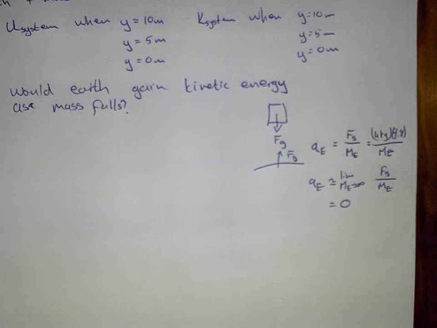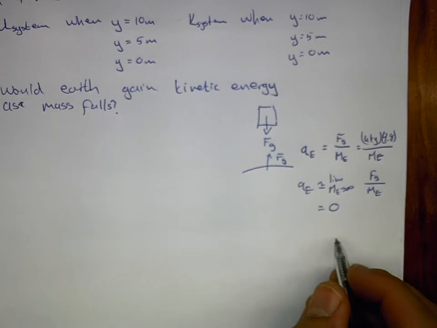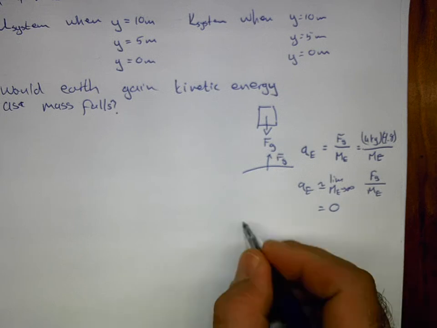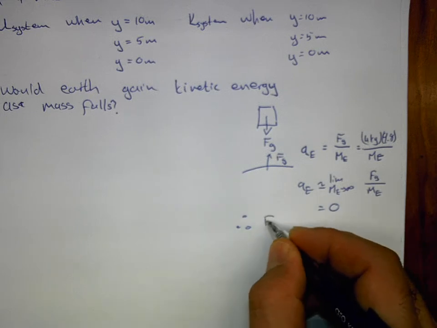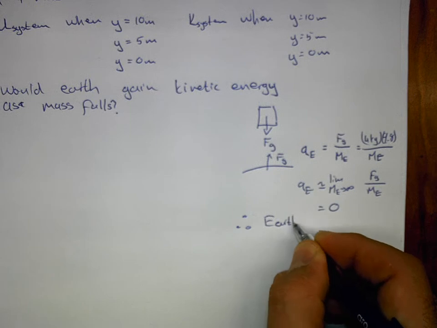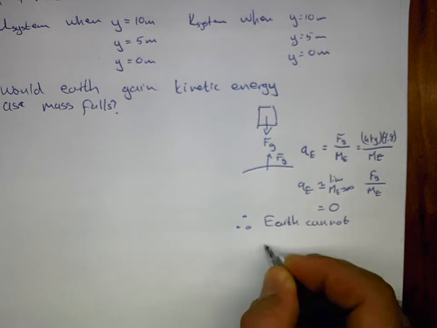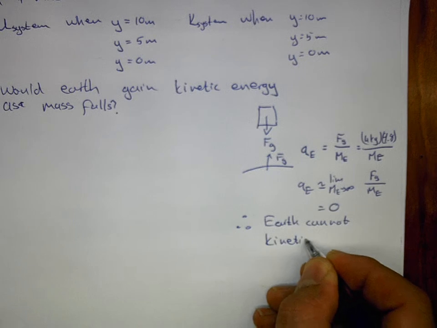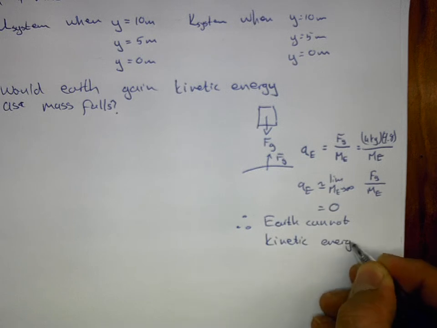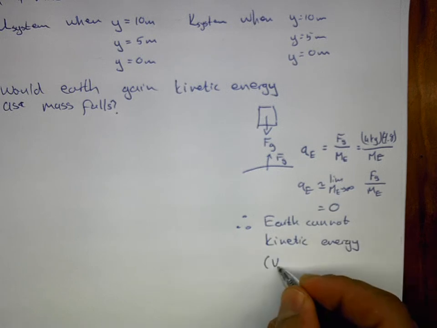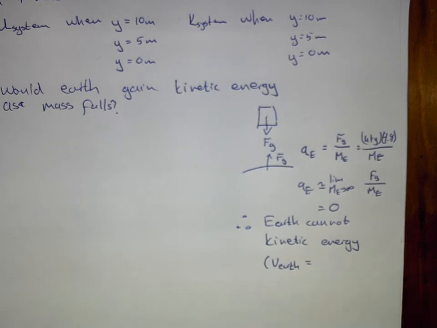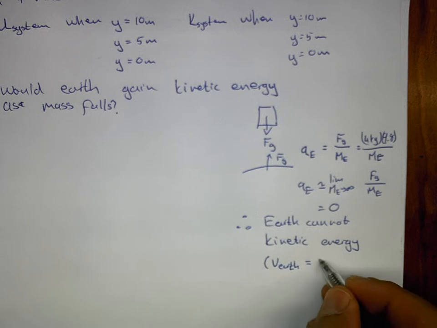So to a very good approximation, that is true, right? Because the Earth has got so much mass to begin with. So if the Earth has got, to a good approximation, 0 acceleration, it means the Earth cannot gain kinetic energy, because we assume we're working in a frame where the Earth has got no velocity to begin with.